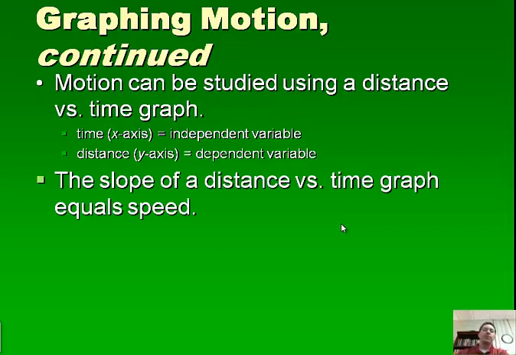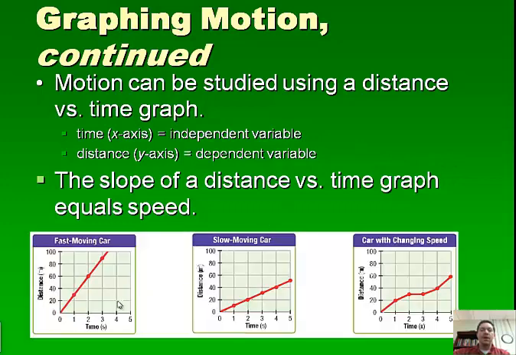Once we connect the points, we're going to make a line graph. The slope of this is going to give us speed. So we've got time on the x-axis, distance on the y-axis. We plot these points and we can see that we've got some different graphs here.